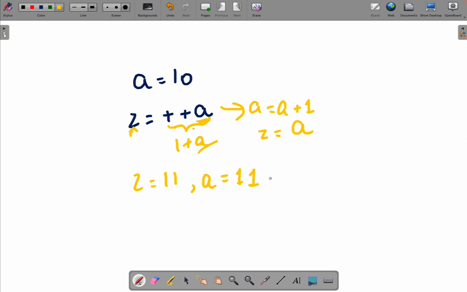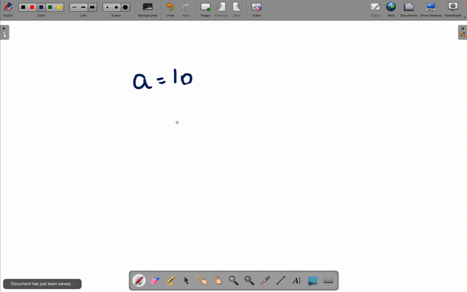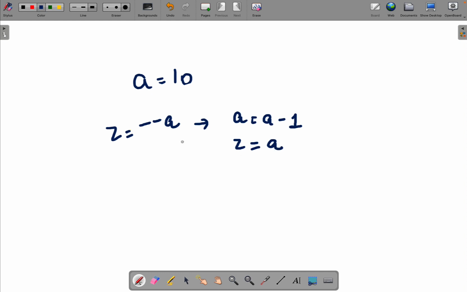In the same way, in minus minus, if we use minus minus a and we put z equals minus minus a, what we are saying is a equals a minus 1 and then z equals a. So here a equals 10 minus 1, that is 9, and then z equals 9. So both a and z will be 9.